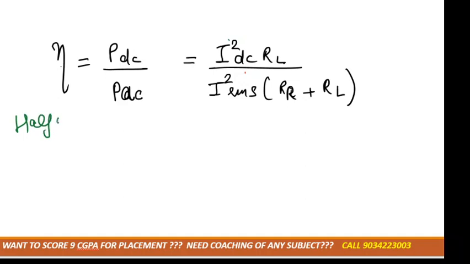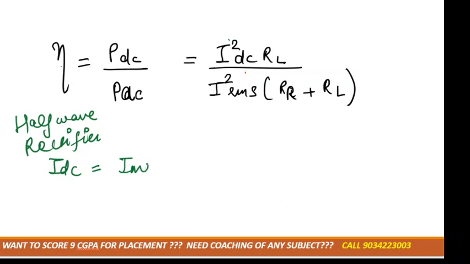And we are doing for half wave rectifier, okay? And as you know, IDC formula in half wave rectifier is how much? That is Imax by pi, correct? And IRMS formula in case of half wave rectifier, that is Imax by 2.